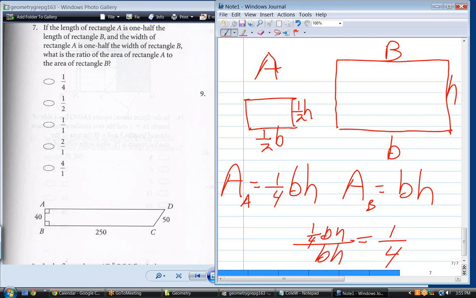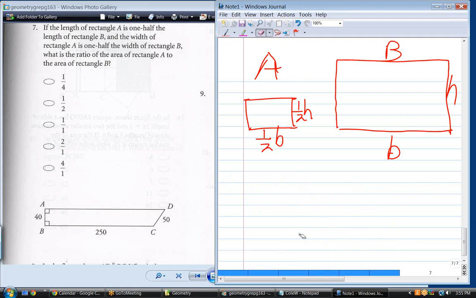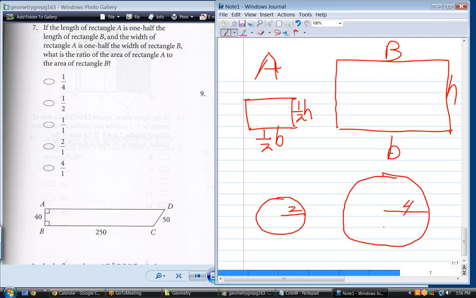And this is true no matter what object you're drawing. In other words, if I had a circle that had a radius of 2 and another circle that had a radius of 4, well, this is pi r squared, so that's 4 pi.